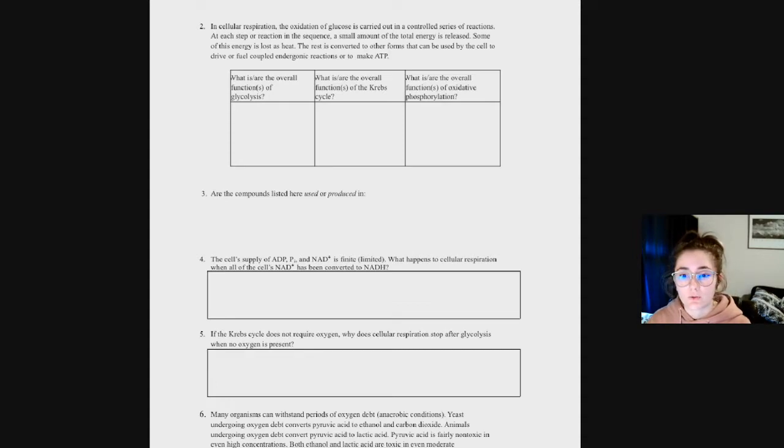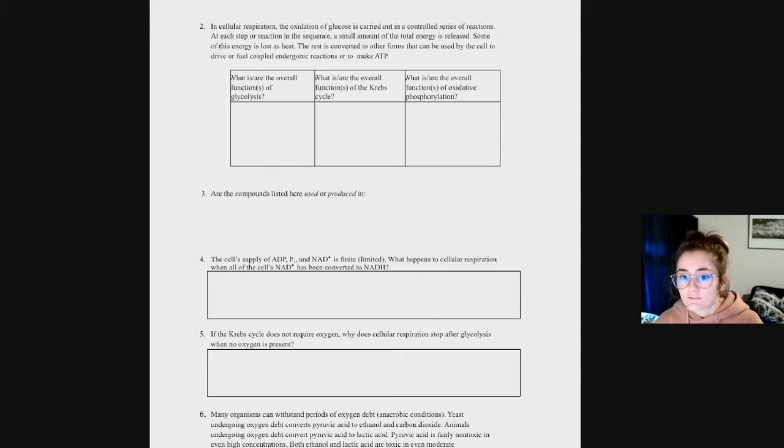Okay, so for question 2, it says, in cellular respiration, the oxidation of glucose is carried out in a controlled series of reactions. At each step or reaction in the sequence, a small amount of the total energy is released. Some of this energy is lost as heat.